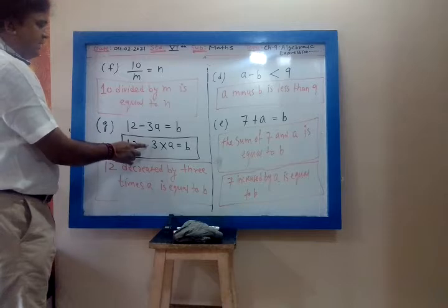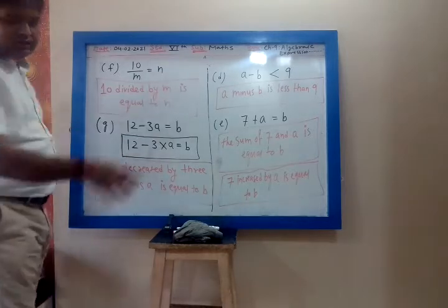So 12 decreased by 3 times A is equal to B.